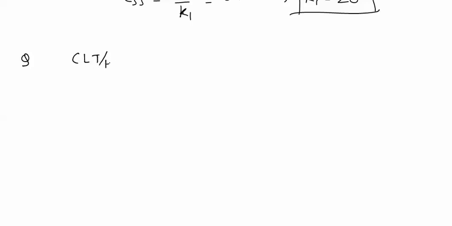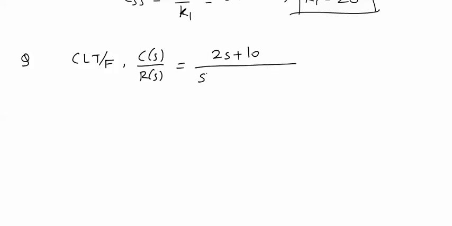Closed loop transfer function C of S by R of S is equal to 2s plus 10 divided by s cube plus 6s square plus 6s plus 10, suppose. So this is the C of S by R of S given to me in the problem.